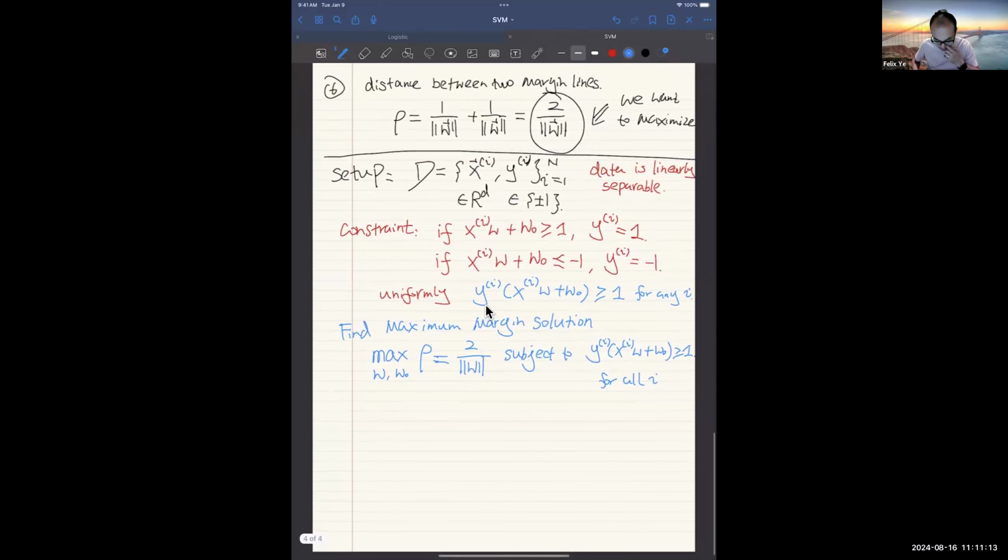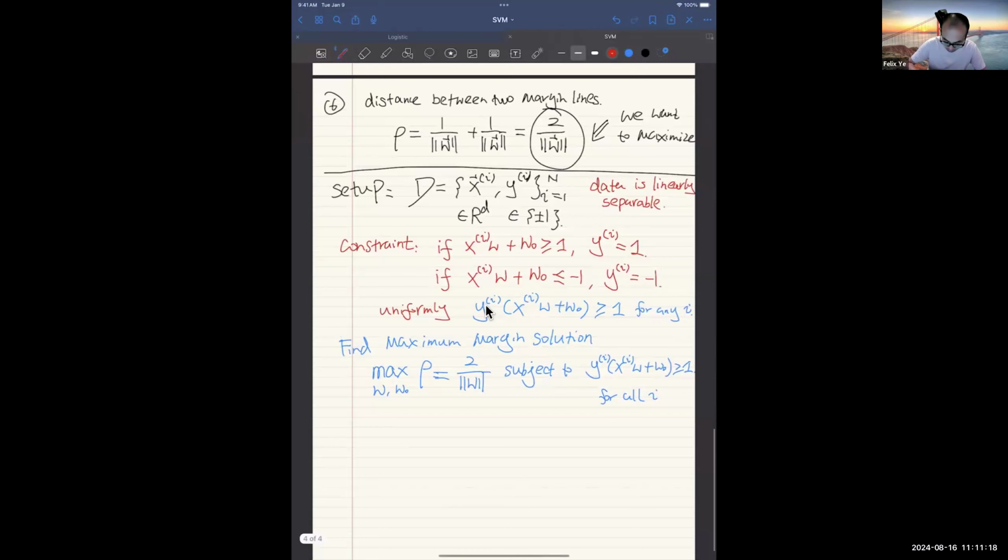Or sometimes it will be easier to formulate everything in terms of minimization. So this is the minimization over w and w0 of 1/2 the norm of w squared, subject to y_i (x_i w + w0) bigger or equal than 1 for any i.